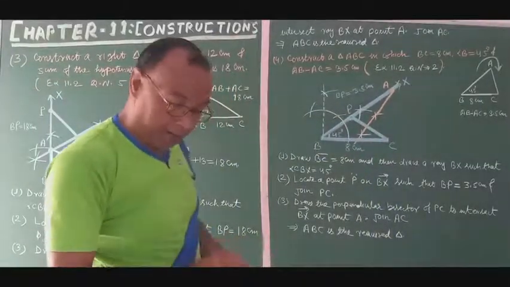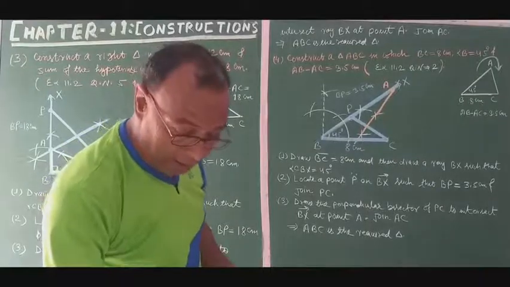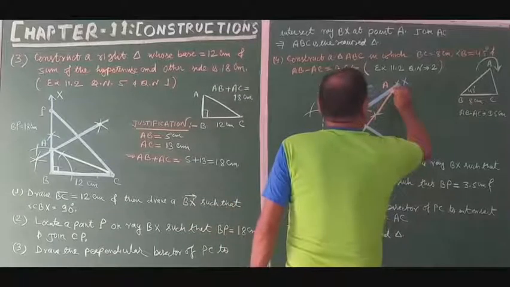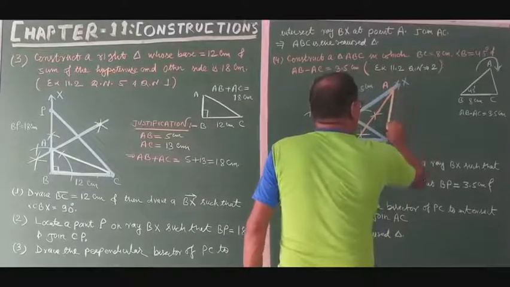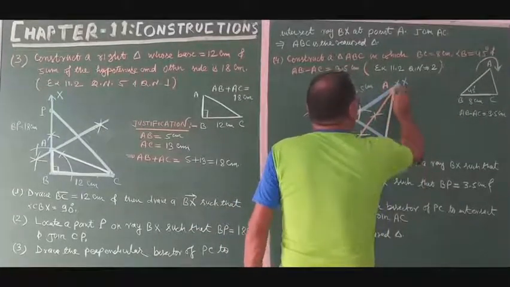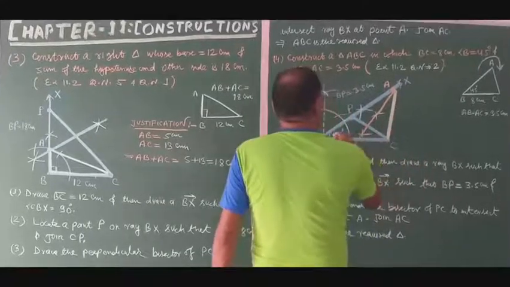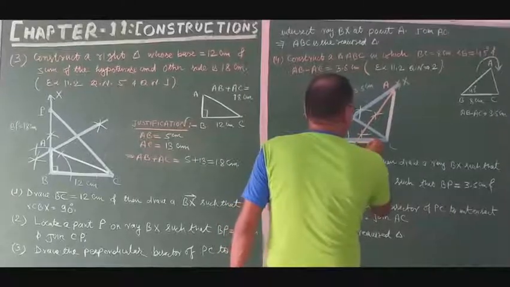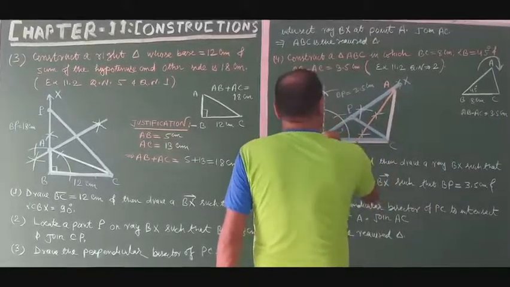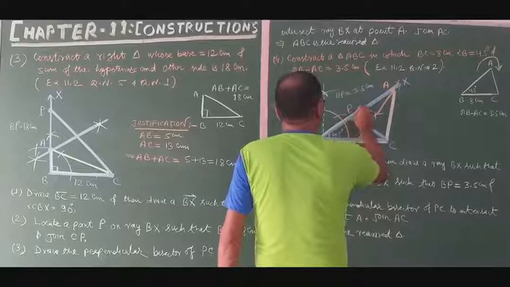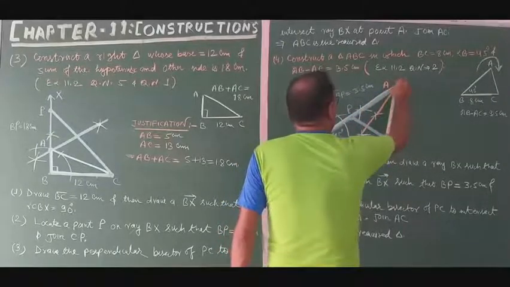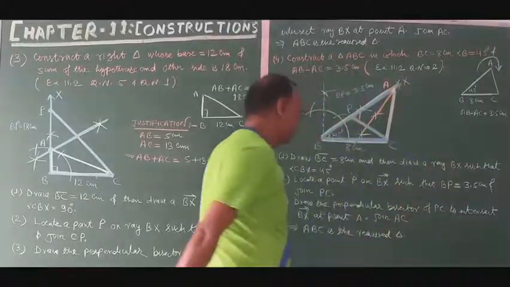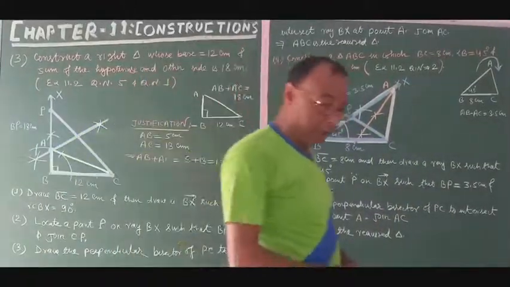This is the required triangle A, B, C. Now for the justification.